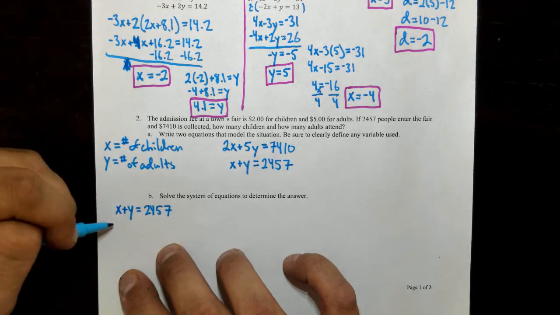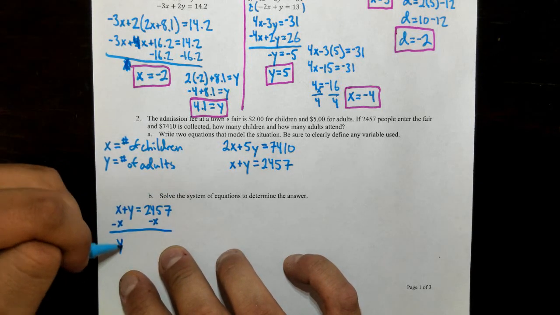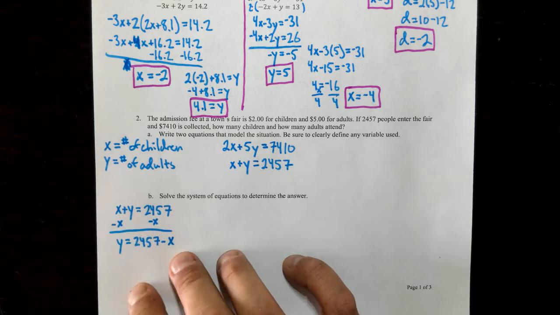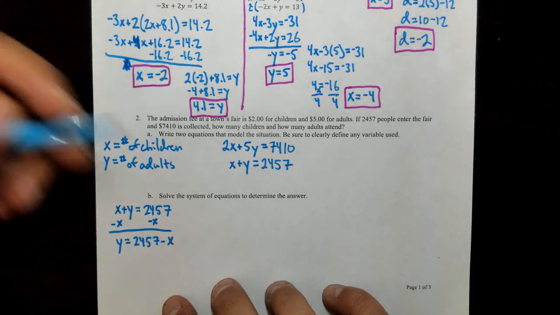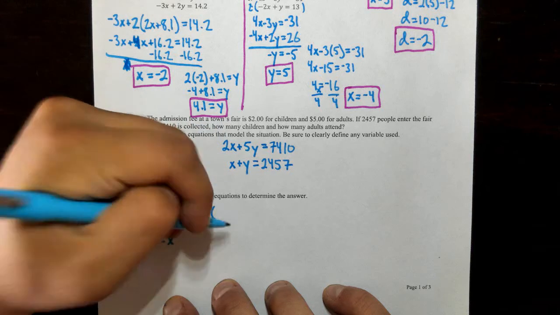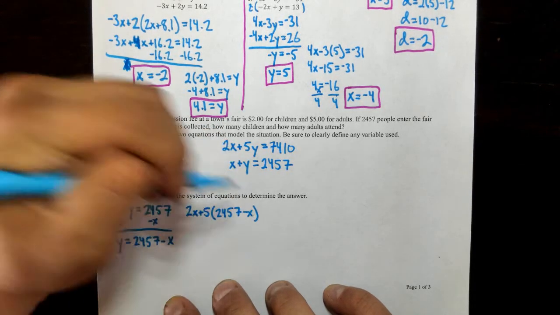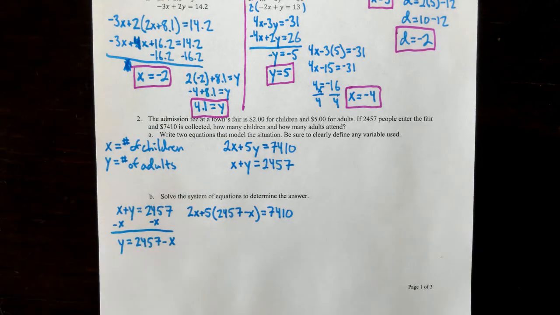If I subtract x from both sides, I get y equals 2,457 minus x. Now I'm going to plug that into the other equation, in for y. So I'm going to have 2x plus 5 times 2,457 minus x equals 7,410. And then I'm going to solve for x.